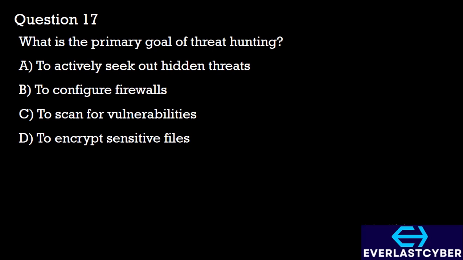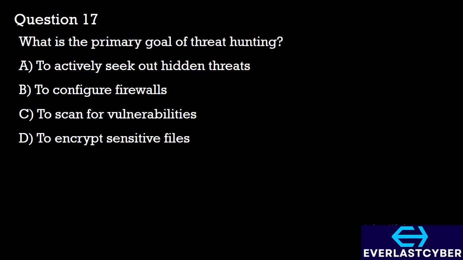It involves analyzing data, detecting patterns, and identifying potential threats before they can cause harm. Unlike reactive measures, threat hunting focuses on finding threats that may bypass the traditional security controls. So this is not a reactive measure, it is a proactive security practice.